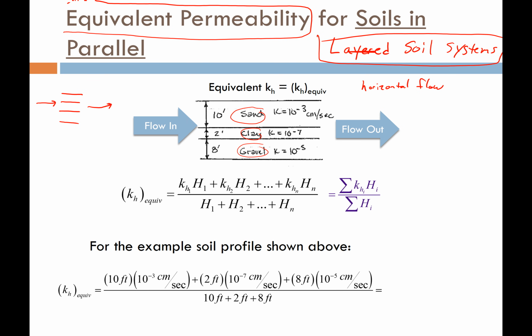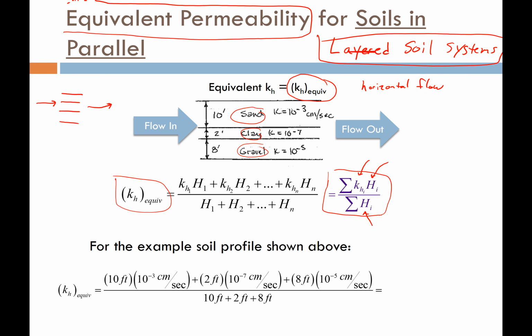If we want to compute the equivalent horizontal hydraulic conductivity of this soil, then all we have to do is basically take a weighted average. And we get this equation here on the right, where we take the horizontal conductivity for each soil layer multiplied by its respective thickness, and we sum all of those up, and we divide that summation by the summation of the total thicknesses of our system.